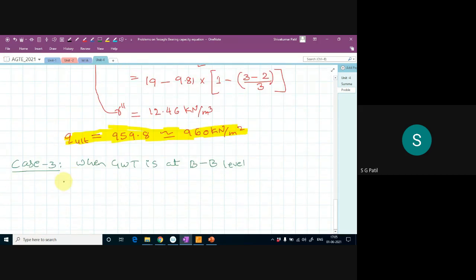So what is the equation? Q ultimate equal to 1.3 c N_c plus q N_q plus 0.4 gamma B N_gamma. Anyway, the first term is 0 because my cohesion is 0 here. So what is q here?